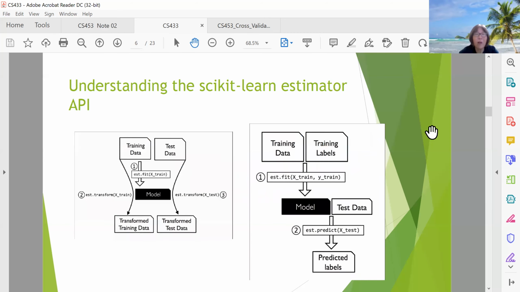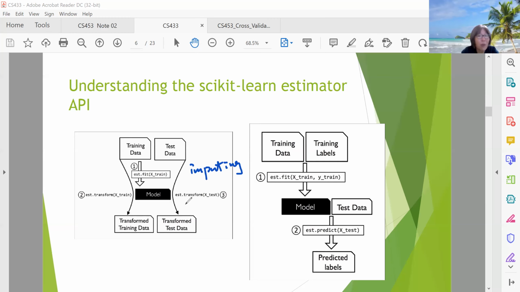The general idea for dealing with missing values and imputing is that you have the training and testing data sets, and then you apply some approach to do imputing.